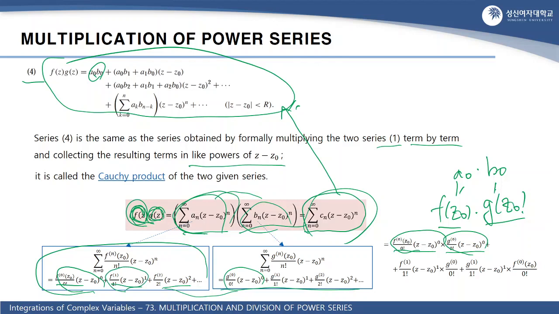We choose the constant from the series of g(x) and the first order term from f(x), plus the constant from f(x) and the first order term from g(x), then multiply and compute to get this.